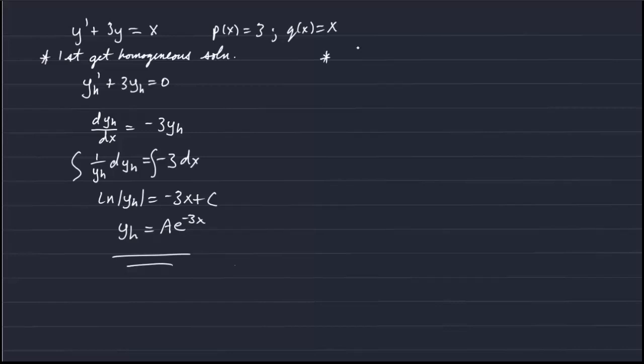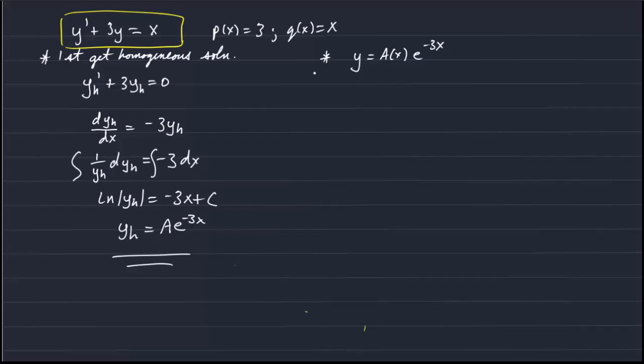So the second step was to allow a to vary. So y is equal to a of x e to the minus 3x. And then we substitute that into our original ODE, so keep that in mind.